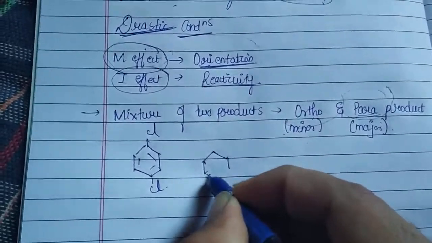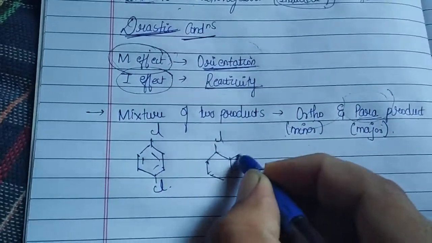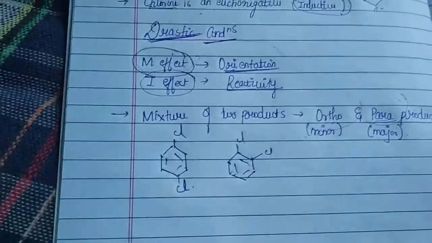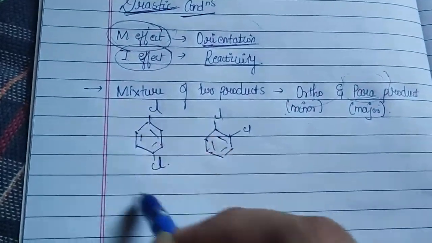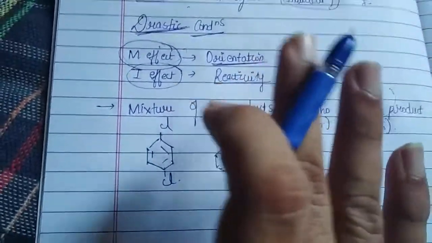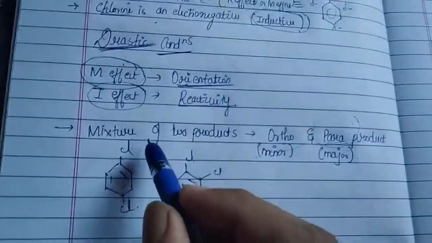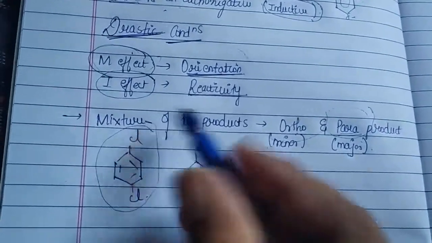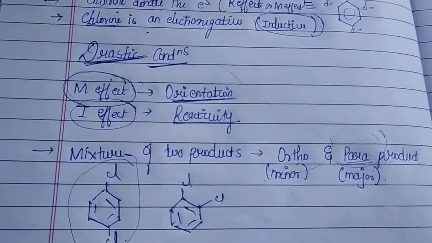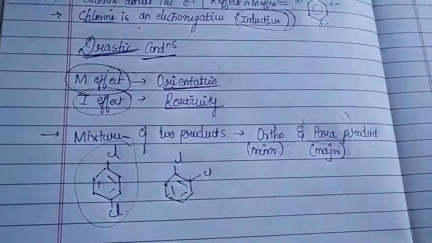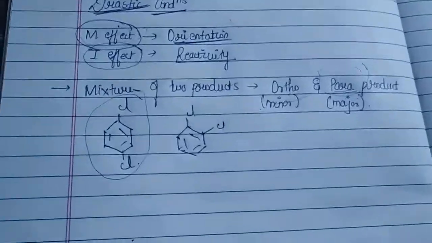Whereas when I write Cl in the ortho position, this is my ortho product. When we look at the para, you can see its structure. It is symmetrical. It is lying in one plane itself, so it is present in a single plane. So it can easily fit into the crystal. Since it is in a single plane, it can easily fit into the crystal.